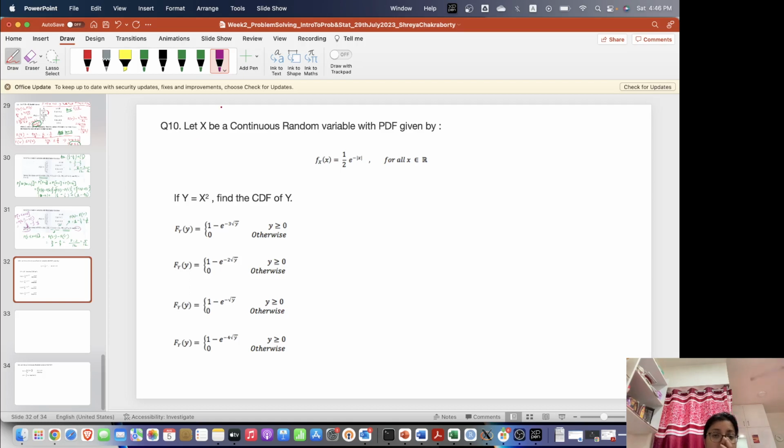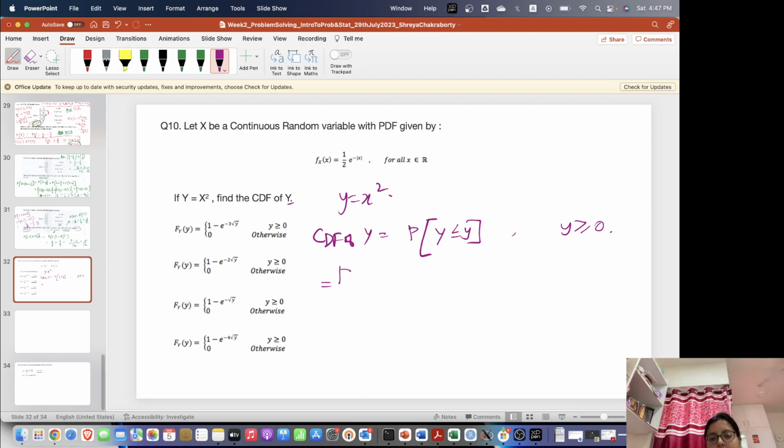So let x be a continuous random variable with PDF given by this thing. Now y equal to x square. So now we have to find the CDF of y. So CDF of y is probability capital Y less than equal to y, for y greater than equal to 0.